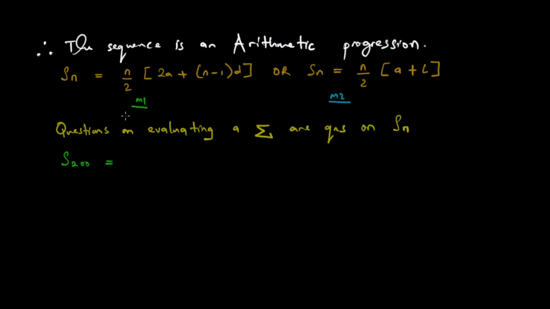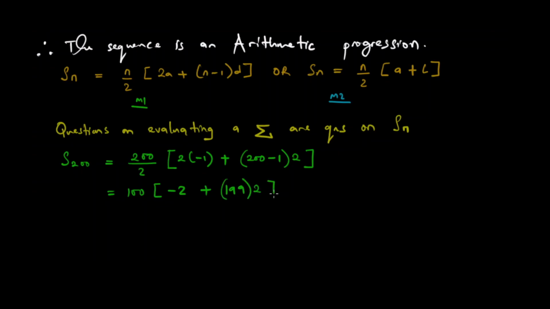So S200 is equal to n over 2, here 200 over 2, times 2 times a, that is 2 times minus 1, our first term, plus n minus 1, here 200 minus 1, multiplying the common difference of 2. If we evaluate this, we remain with 100 times minus 2 plus 199 multiplied by 2.